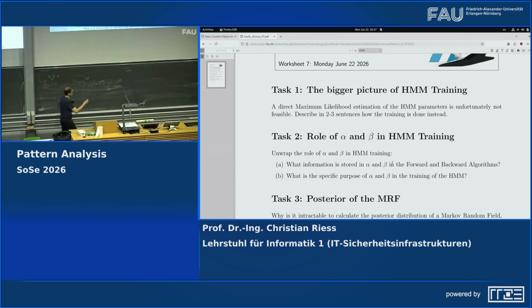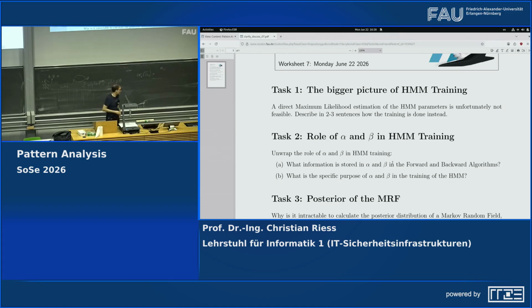So alpha, let's form a proper sentence. Transitions were like Aij, no? But the alpha, sorry, here we need a state i. So if we have alpha for state i at time t, what type of information would this be?